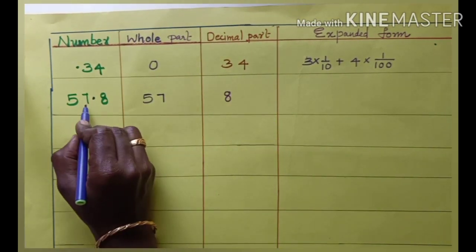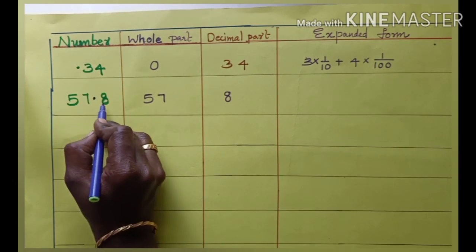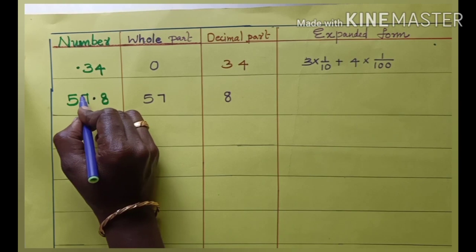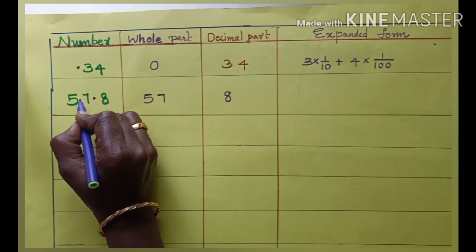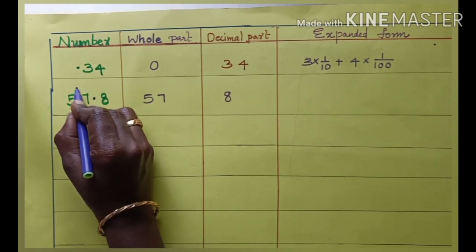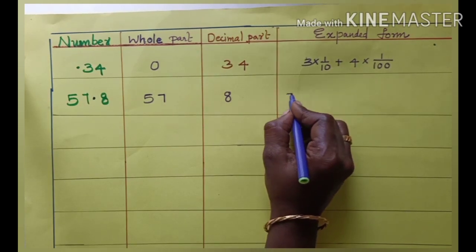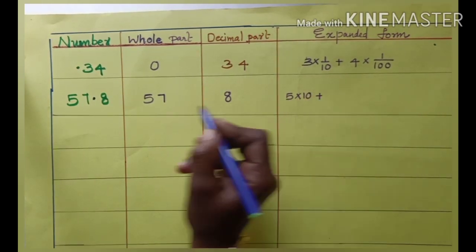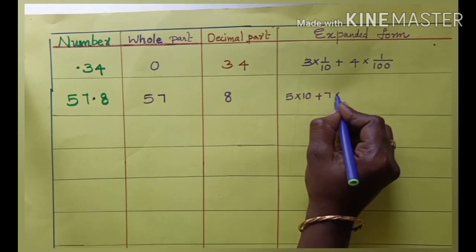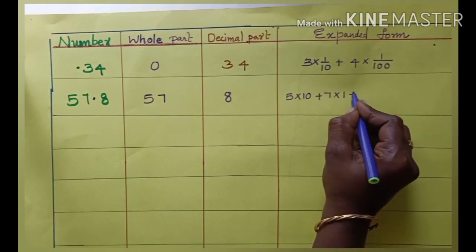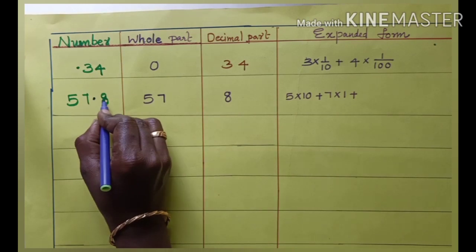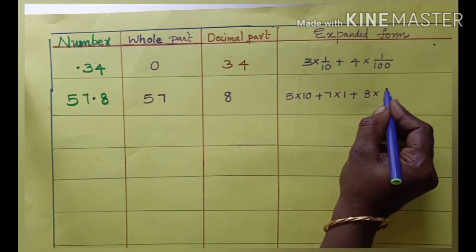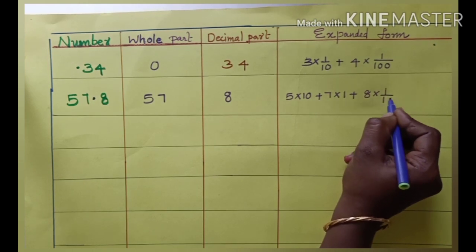How can I expand this? 57.8. 57 is the whole number part. So 7 is ones place, and 5 is tens place. So 5 into 10 plus 7 into 1, plus after the decimal point is 8, 8 into tenth place, 1 by 10.